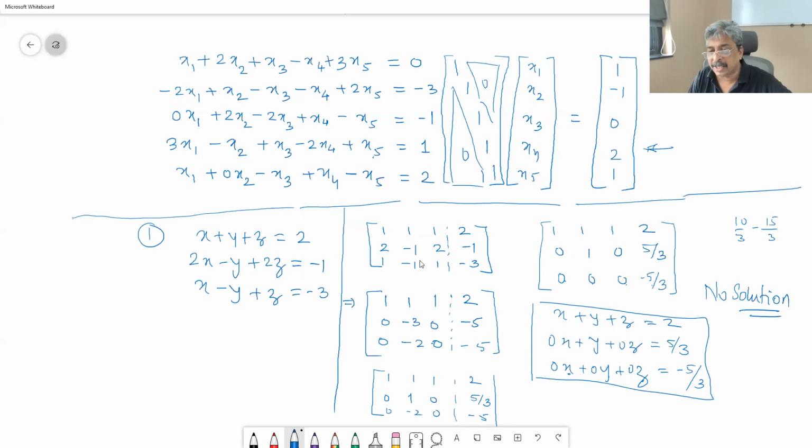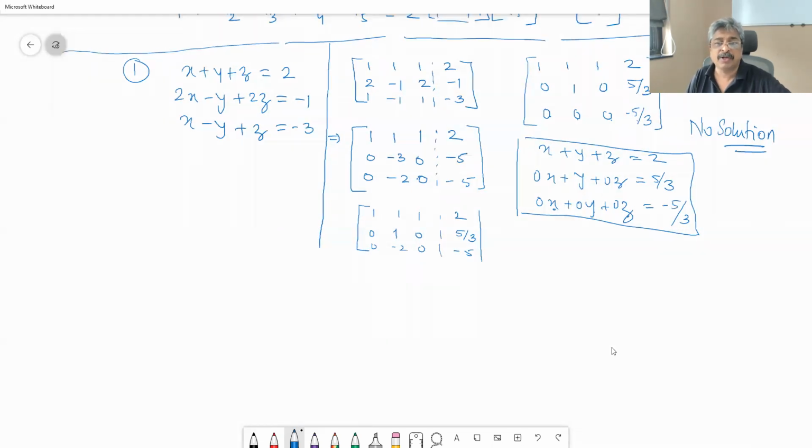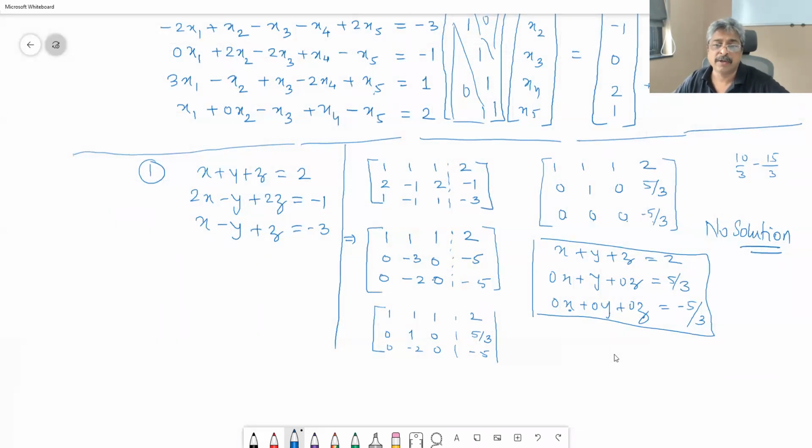Now how do we recognize this without reducing? Without reducing means whatever we have learned to do here, upper triangular, lower triangular, the final version that you get is called row reduced echelon matrix.